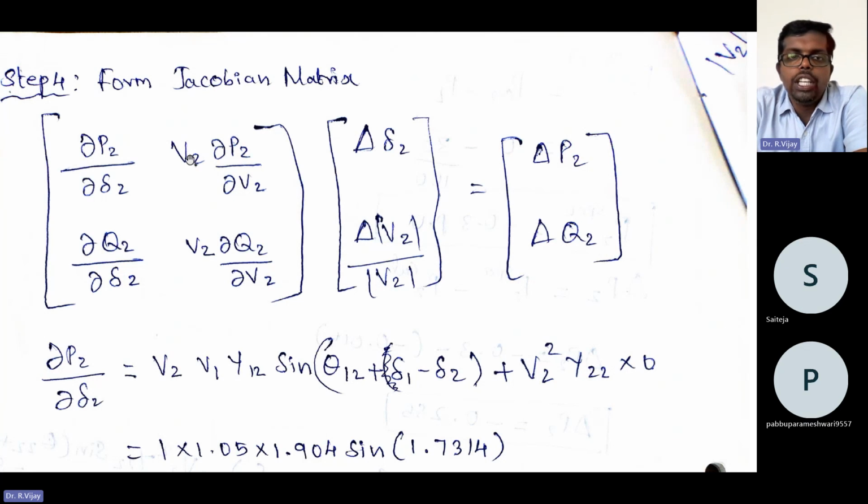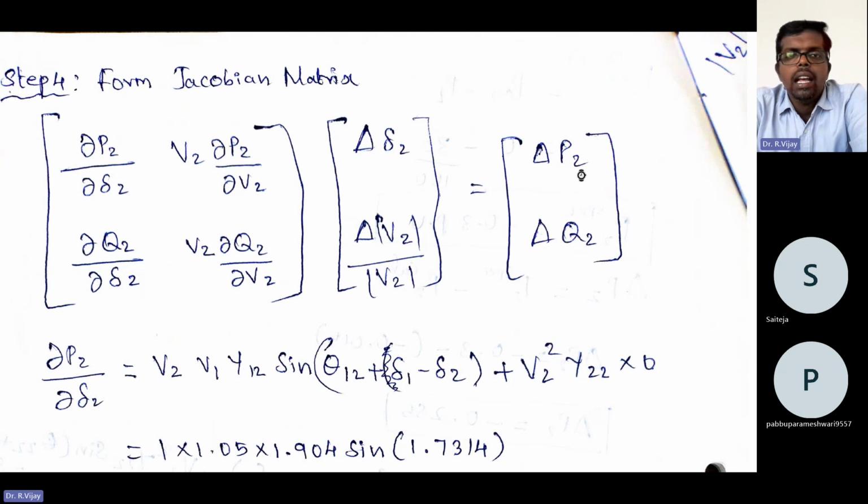In some books or materials, the V2 factor is not included and it is directly given, because V2 is 1 at an angle of 0 degrees, so that's why we are skipping this V2. This is the general formulation, equal to del P2 divided by del Q2.